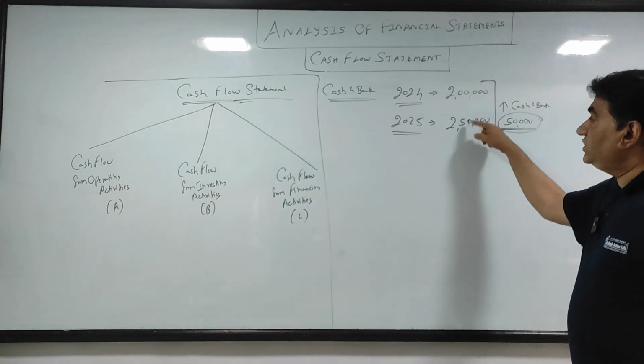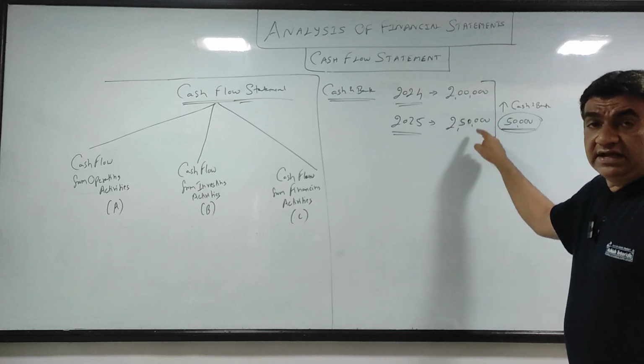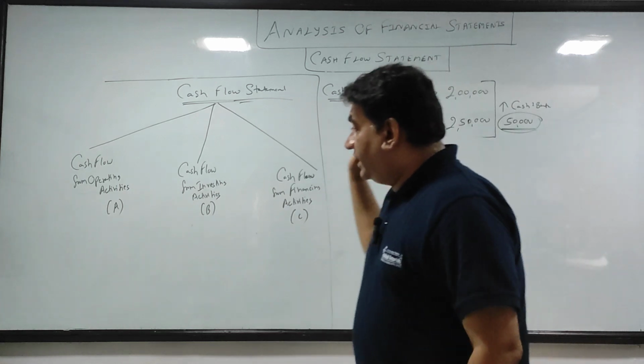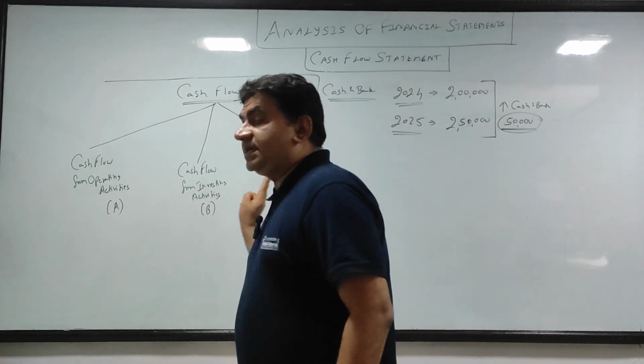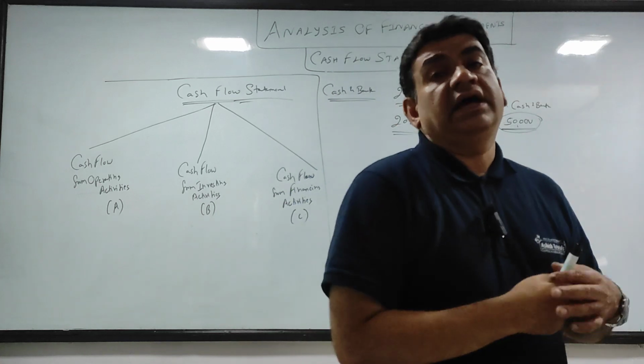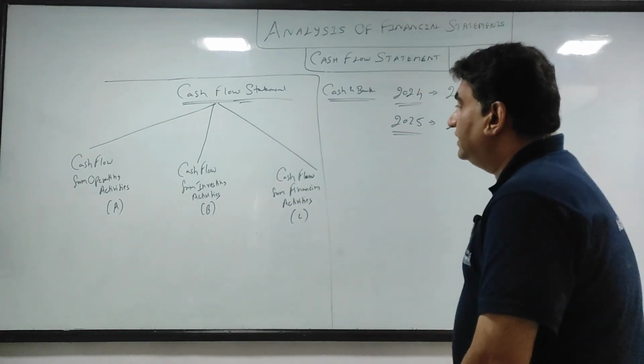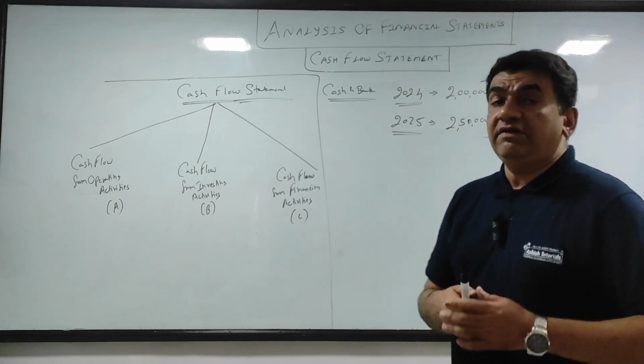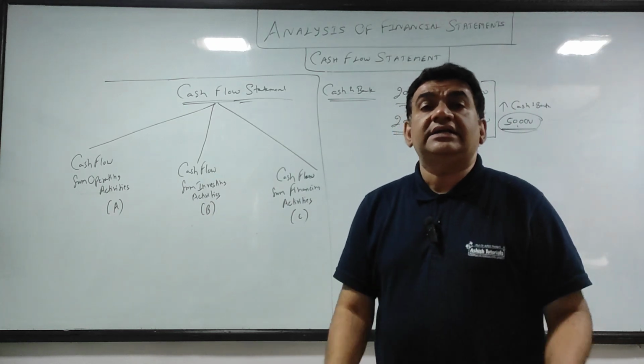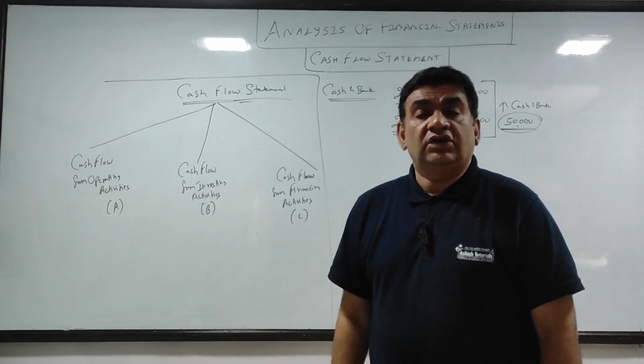Whatever is the difference between the last year and current year का कैश एंड बैंक बैलेंस, ए प्लस बी प्लस सी, तीनों का टोटल मिला के वो होना चाहिए.